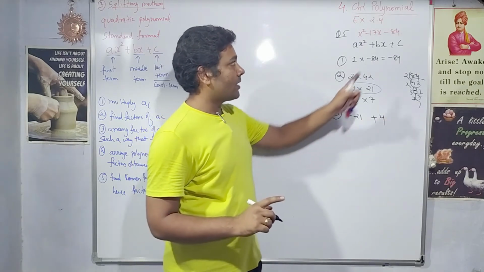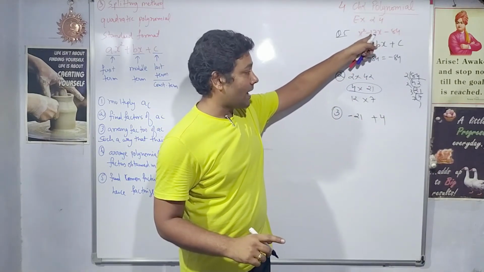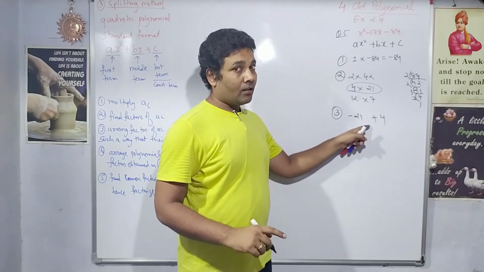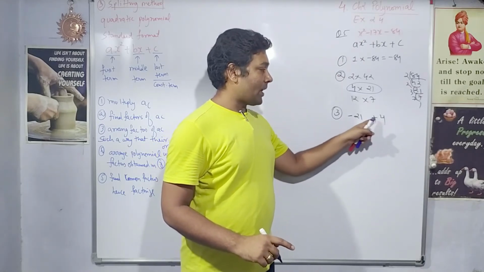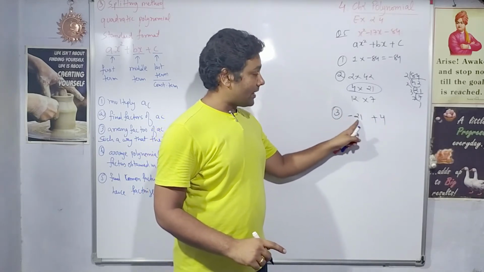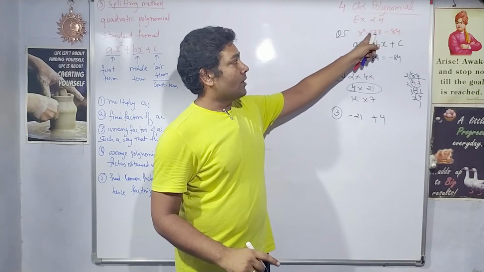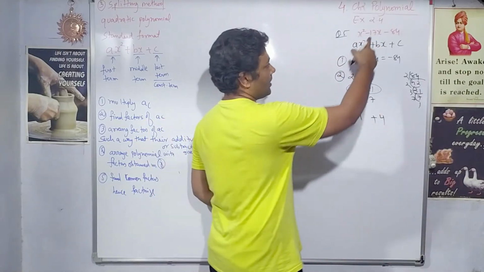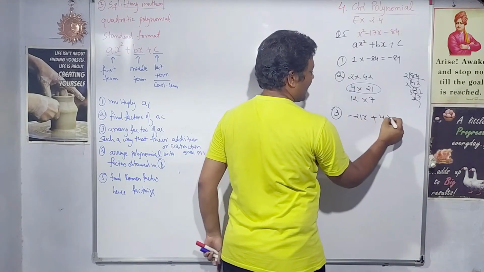Please see once again, we have minus 17 here. So 21 and 4 we have to subtract. For doing subtraction, one should be positive, the other negative. Which one will have a negative sign? Here we have a negative sign, so the bigger number will have a negative sign. Here we have x also, just simply add x.